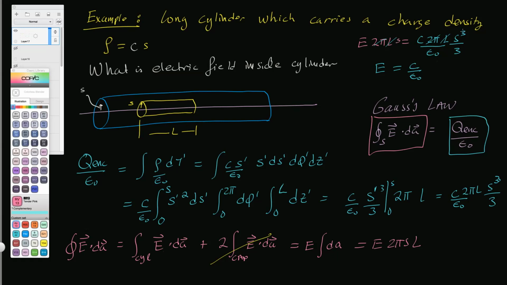Yeah. Okay, so one of those S's cancels this guy. So we get C over epsilon naught times S squared over 3. And then we can put the vector sign over it and say this is in the S hat direction. Right? And notice it depends on S, which it should.